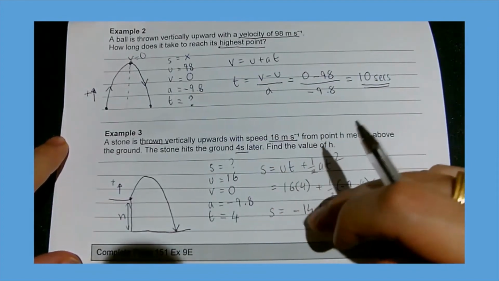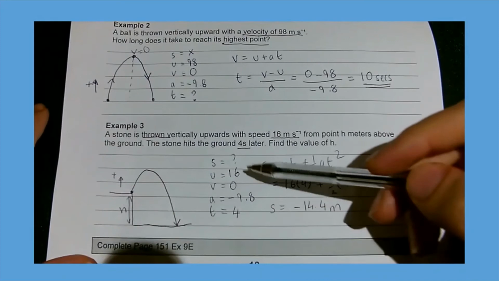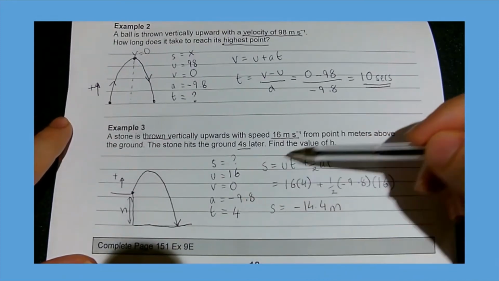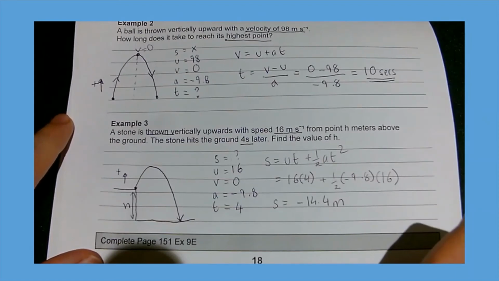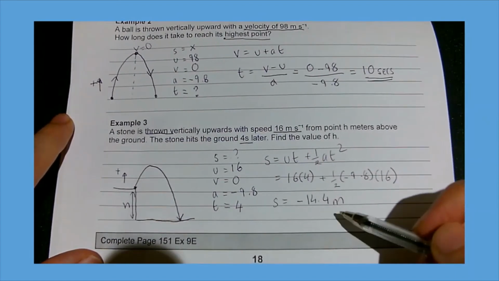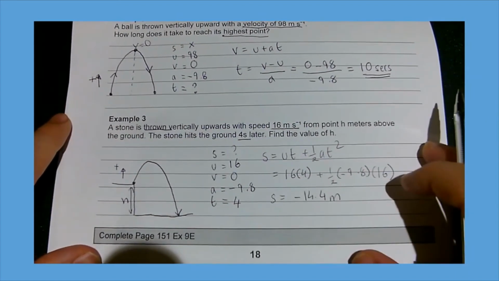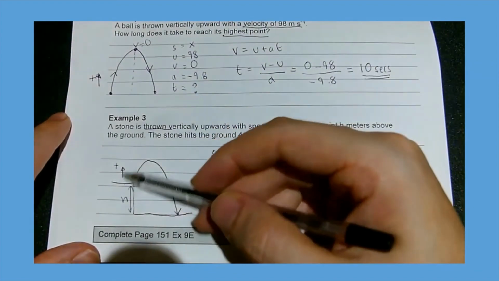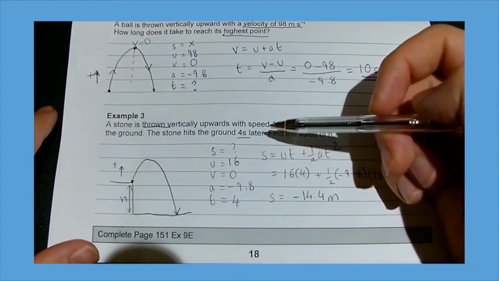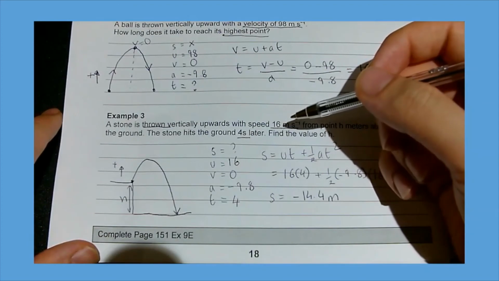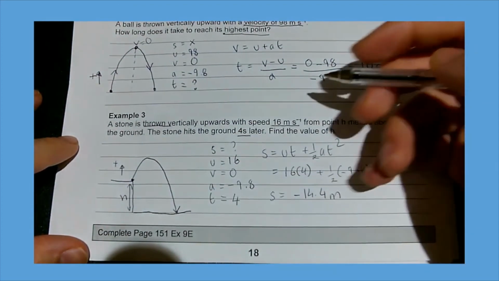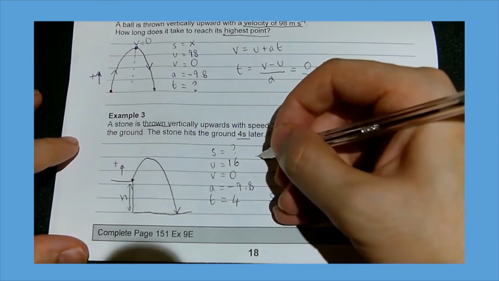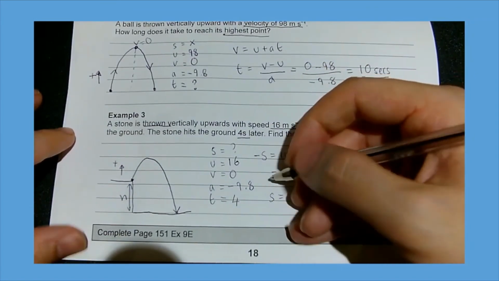Okay, and for example 3, as I said, the diagram has been done. I've been through the workings here, and I've got an answer of minus 14.4 for my value of s. Now one little correction I want to make with this is that I assumed up to be positive. When you do that, the added consequence is that when it hits the ground later, it's got a negative displacement.